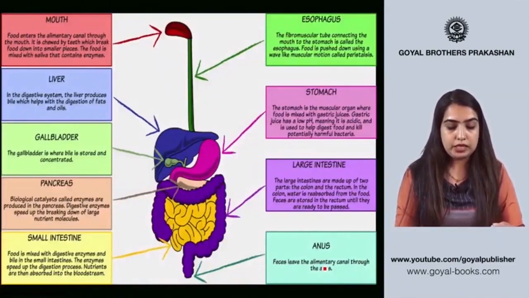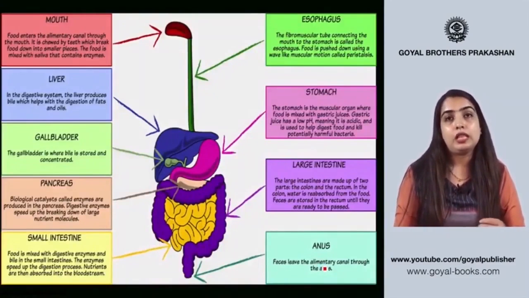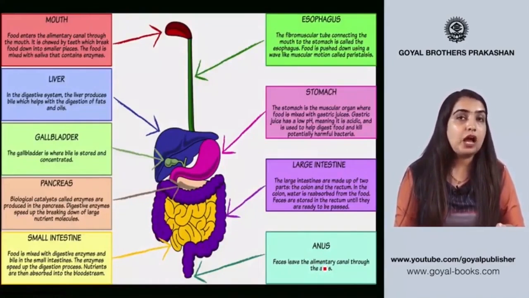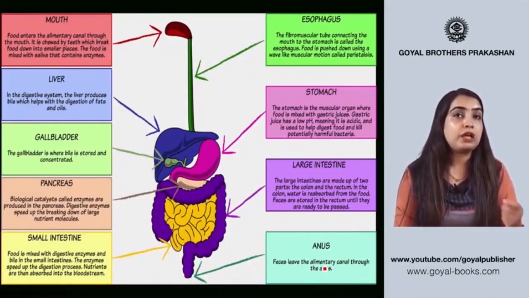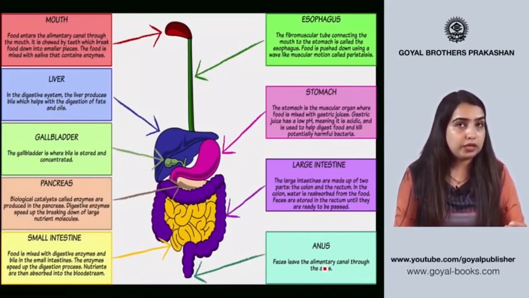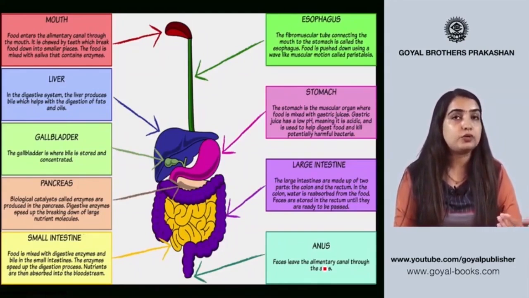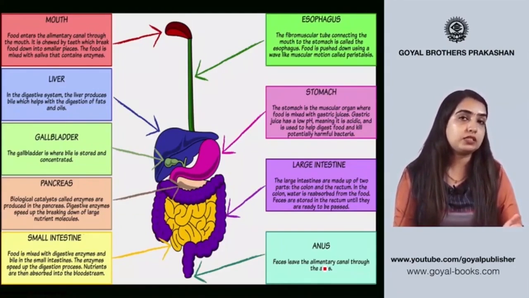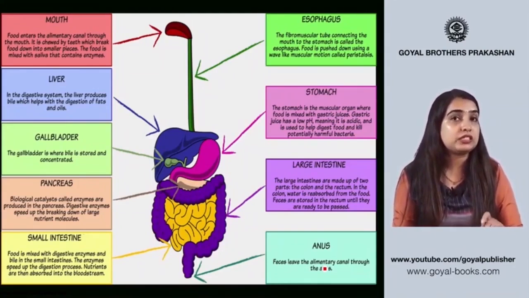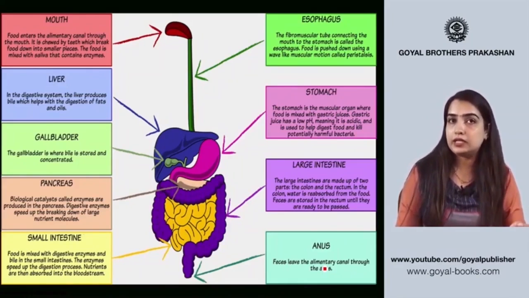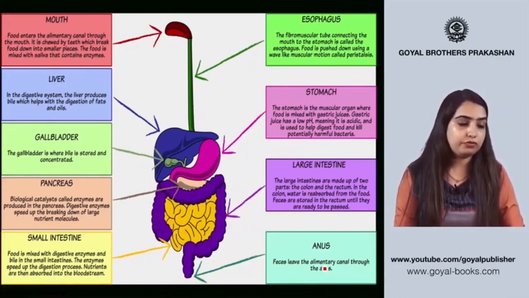Next, in this picture we have a diagram of the digestive system with each part clearly labeled along with that part's function and working. So this picture is for you to see and read thoroughly. Also try to understand what we have discussed so far. This is in short a summary of the discussion that we've had about the different organs along with associated glands of the digestive system of humans.